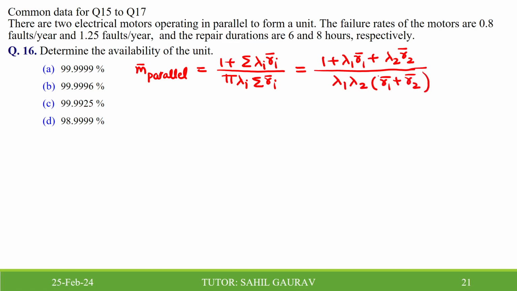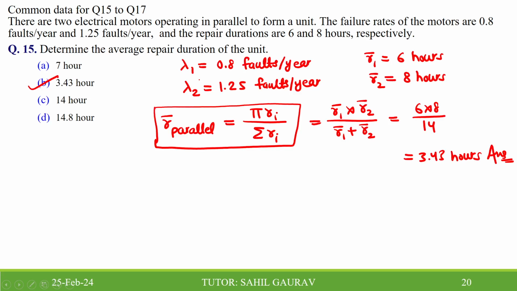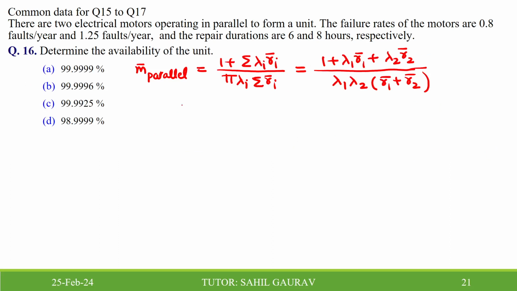And I already told you, be careful while applying this expression. Here lambda 1 is given in faults per year while r1 is given in hours. So we will convert lambda in terms of hours, so that all the terms are in hours.